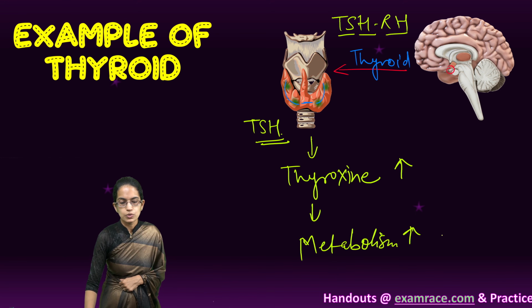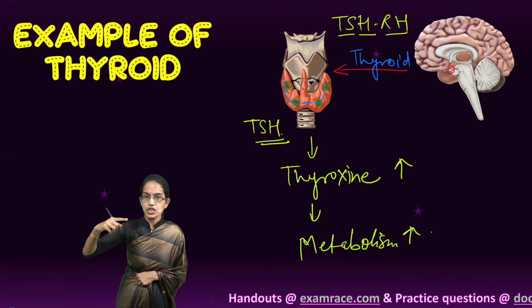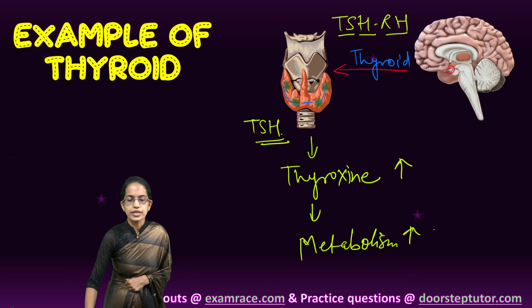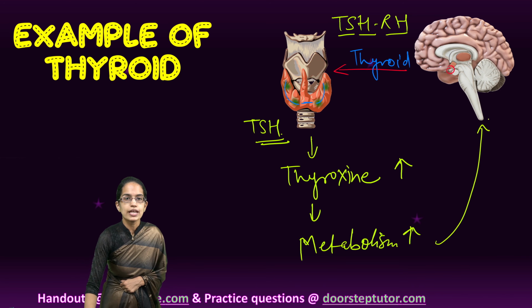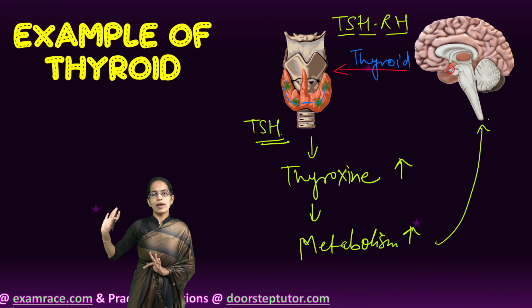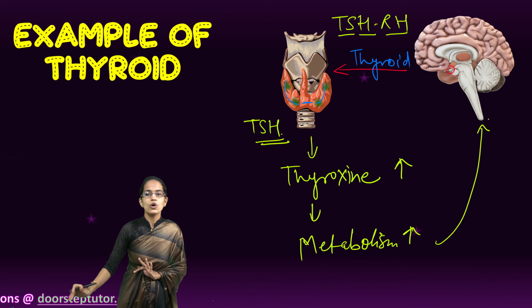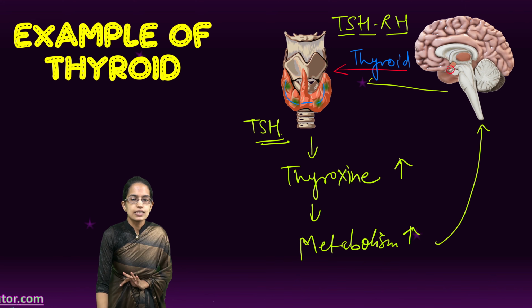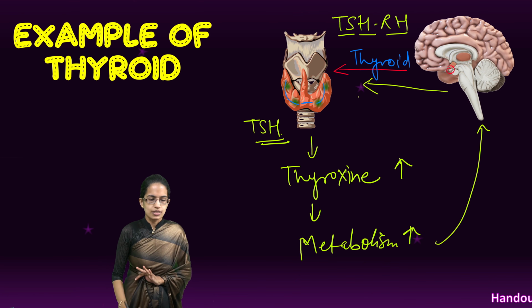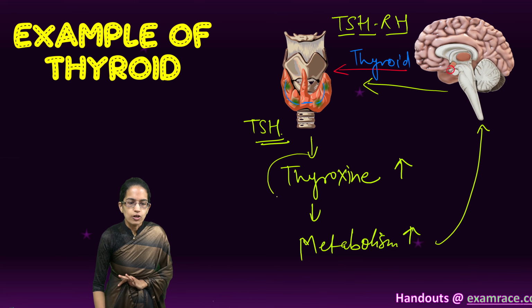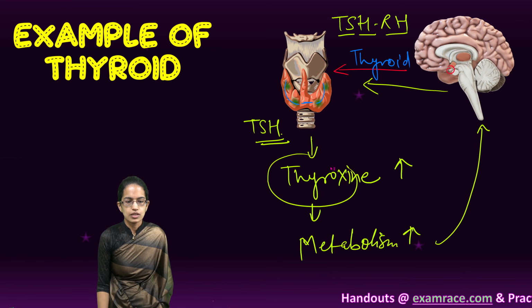So this metabolism would keep on rising, but at a point it would send the signal back to brain that the metabolism is at its peak. Now stop metabolizing. So pituitary would send a signal to thyroid, stop secreting TSH. The release of thyroxine would stop, and metabolism would stop.